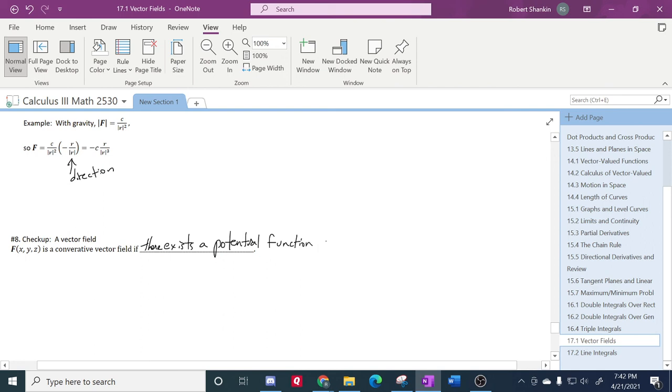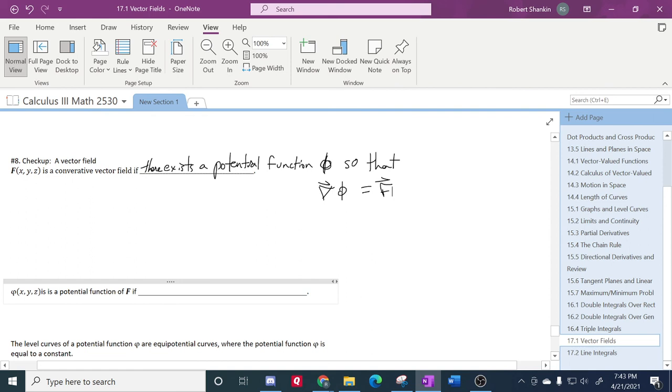Phi. Yeah, I call it phi. So that the gradient of phi is equal to F. Okay, so phi will kind of produce F when you take its gradient.